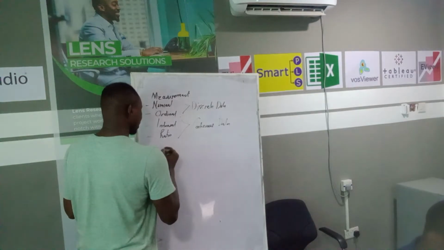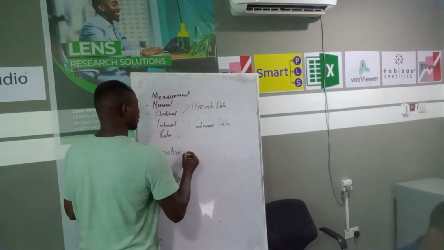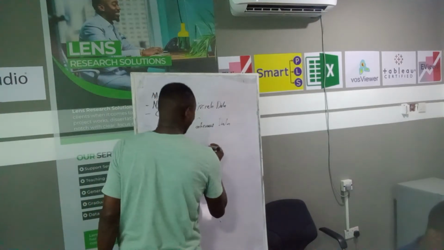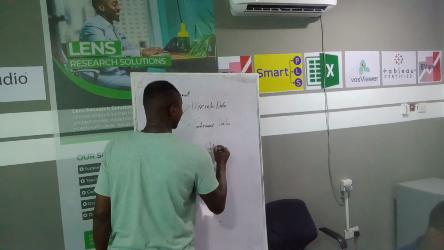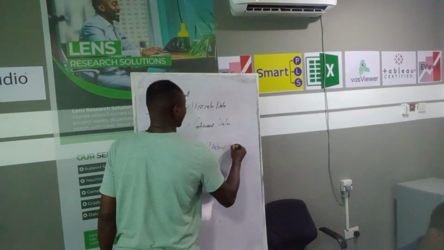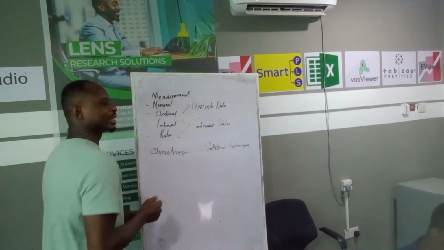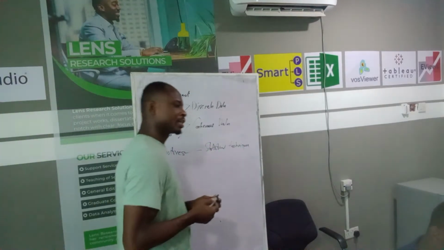So you must get your objectives. These objectives should be manipulated by statistical technique. So if you have an objective and you cannot use the software to run it, can you achieve the objective?